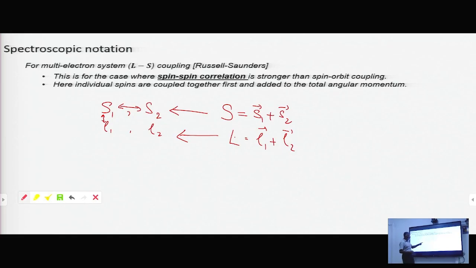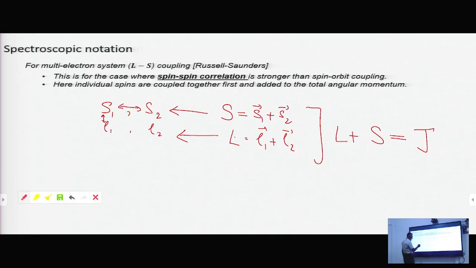So first you find out the total spin, and then you find capital L, and this is called LS coupling. So you find capital S and capital L, and then couple them together, and this will give you capital J. Then you combine L and S to get the capital J. And this is called the LS coupling scheme.